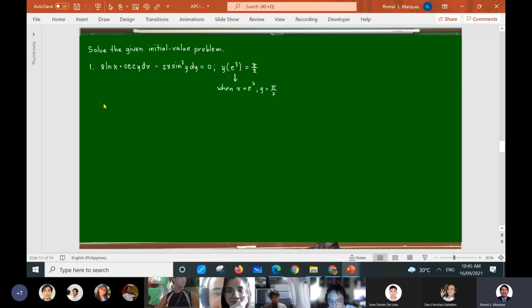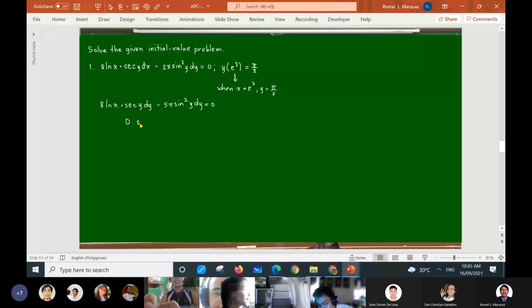Same procedure: 8 ln x times secant y dy minus 5x sine squared y dy is equal to 0. We need to divide by secant here, right? What about here? We need to divide by x.